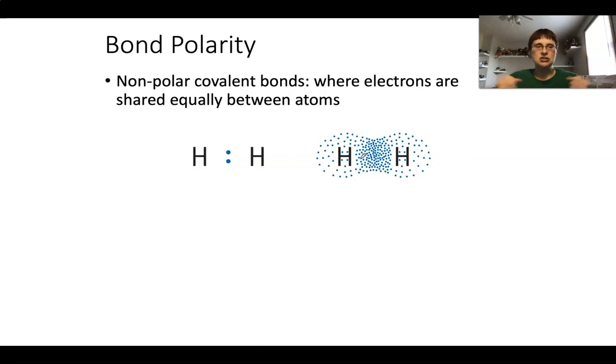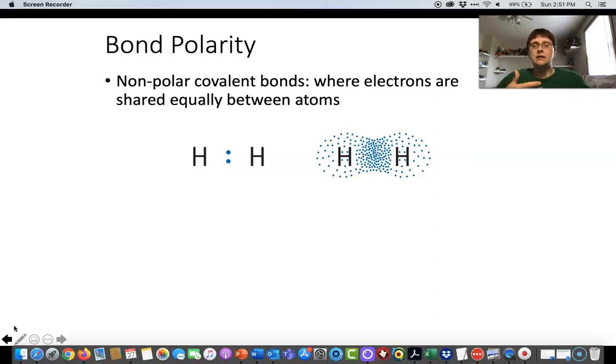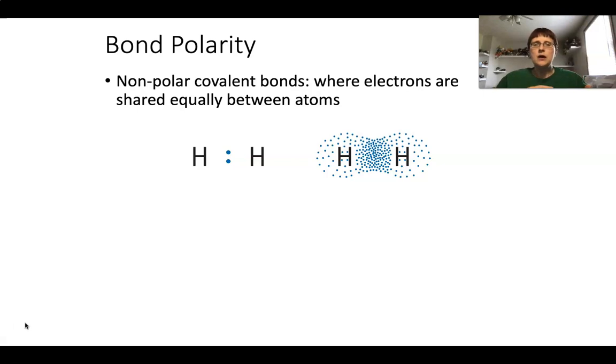They're going to equally share those electrons. This is going to be the same for any sort of elements that are in a covalent bond where they're the same. So that's one way that you can get a non-polar covalent bond.